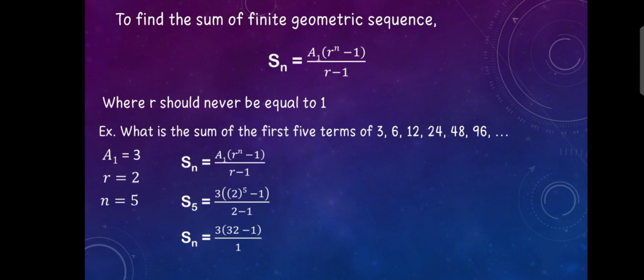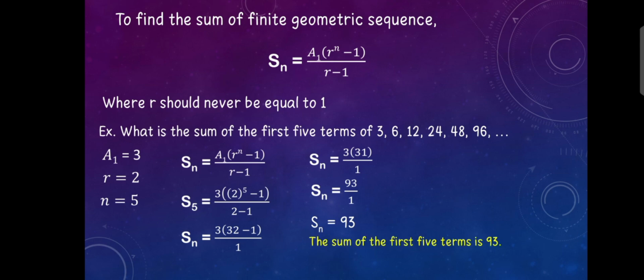Now, we will subtract 1 from 32. So, our answer is 31. 3 times 31 over 1 is 93 over 1. Now, 93 over 1 is 93. Our S sub n is equal to 93. The sum of the first 5 terms is 93.